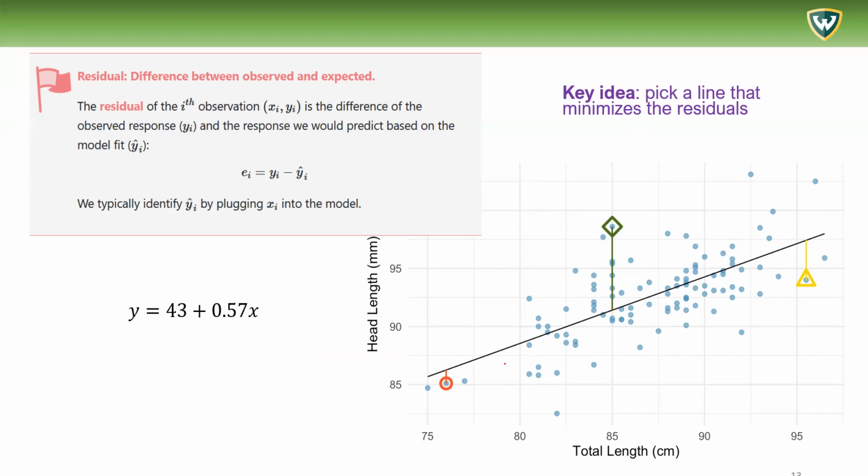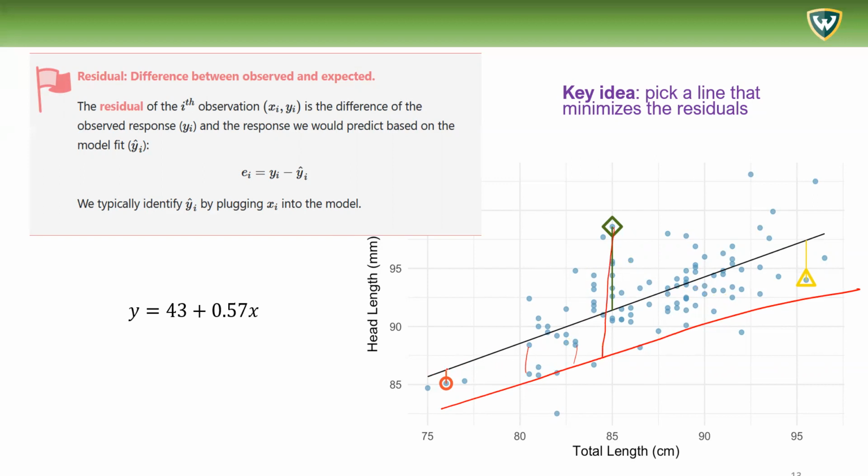Because if we put a line here that has a lot of error, a lot of difference between the line and the points, it's not really going to be a trend line. So imagine we draw a line like this. Well, maybe it kind of gets to the trend, but this line is not very good because the residuals are going to be very high, because all the actual data points are very far from the line.